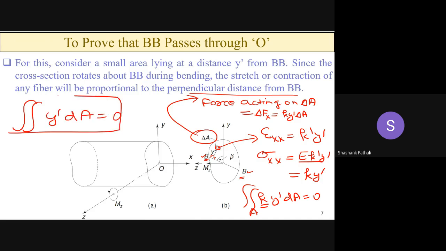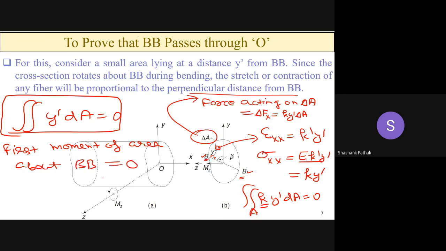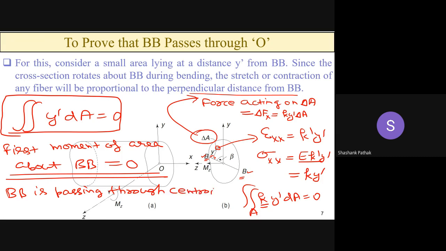If you see this thing carefully, this is nothing but the first moment of area about BB, and this is equal to 0. It means this is the basic result that BB is passing through the centroid, the geometrical centroid of the section.